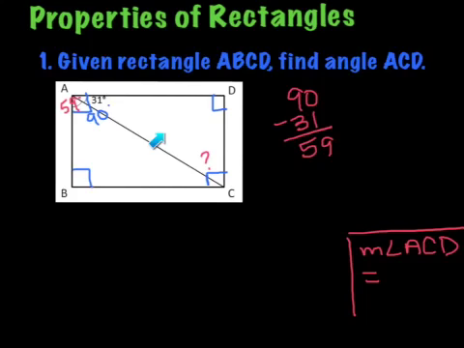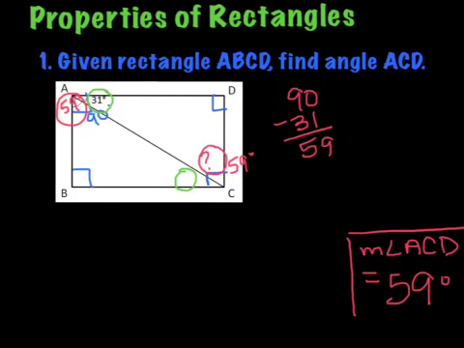Or think back to the problems we did with parallelograms and remember that this angle was the same as this angle, and this angle is the same as this angle. So you can do it that way. It's a little bit faster. So we know that our missing angle would have to be 59 degrees.